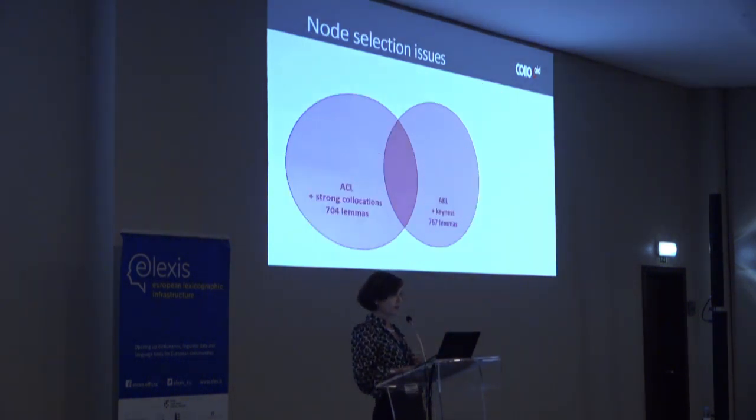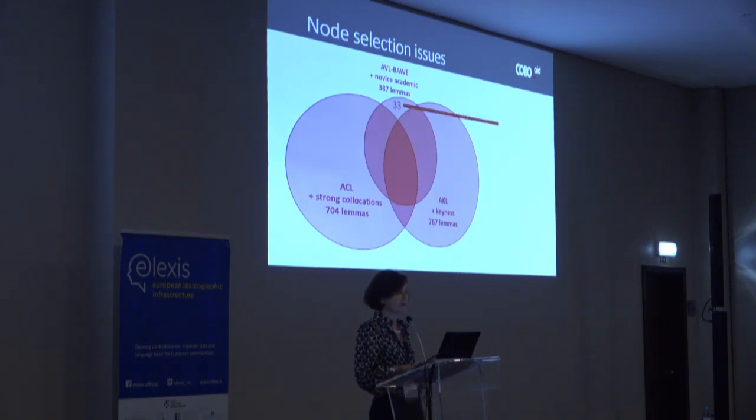And then we put the student writing list, the list that emphasizes student vocabulary, into the equation. And this is what we found. 33 lemmas did not make our initial selection. 9 nouns, 9 verbs, 15 adjectives.